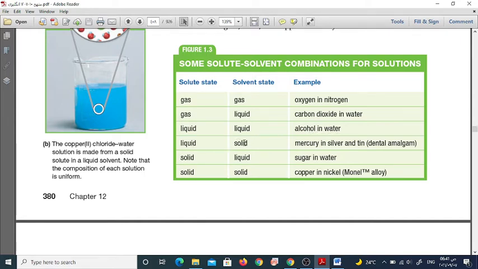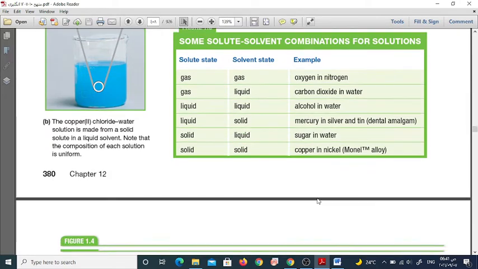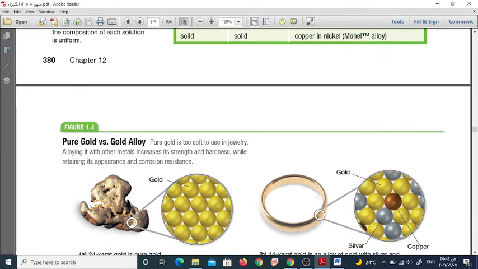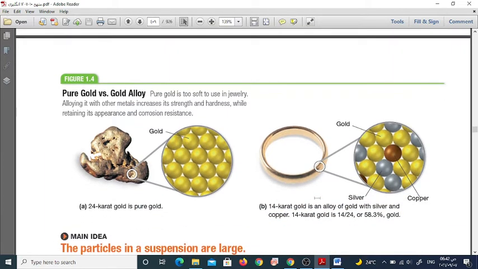Liquid in solid, mercury in silver. Solid in liquid, like sugar in water, like salt in water. And solid in solid, like copper in nickel, or like silver in gold, as in the following ring example.